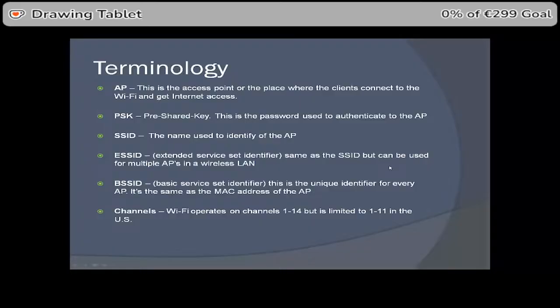Okay, let's talk about some terminology before we go further. The AP, you'll hear me talk about AP. The AP is the access point, or the place where the clients connect to the Wi-Fi and get internet access. You're probably using one right now in your home, in your office. We'll often talk about PSK, the pre-shared key. This is the password used to authenticate to the AP. Now, the reason it's not referred to as a password is that it's a password that everybody who connects uses.